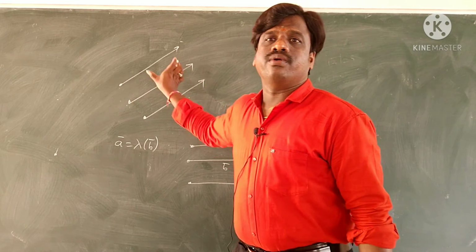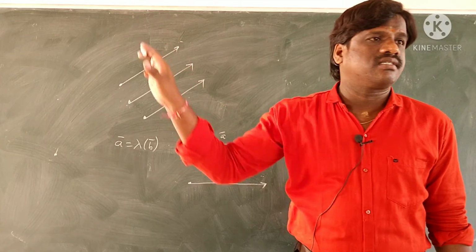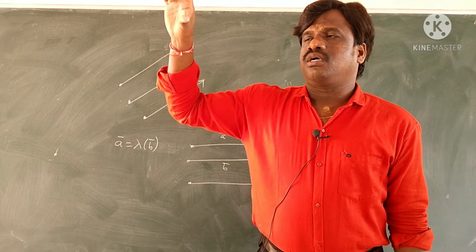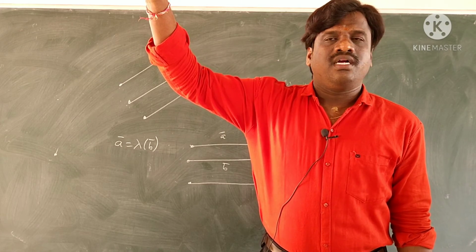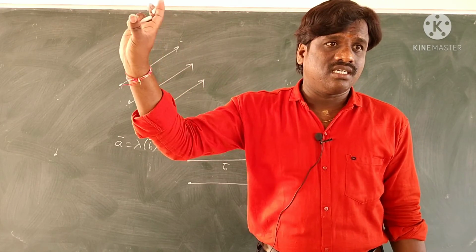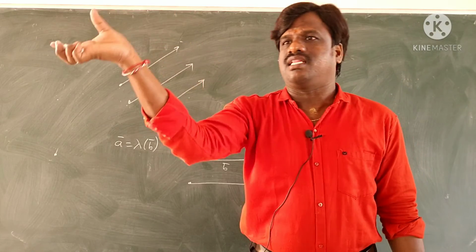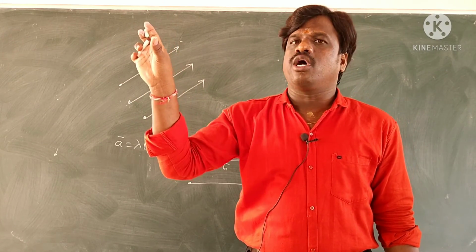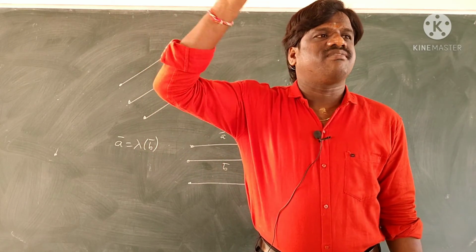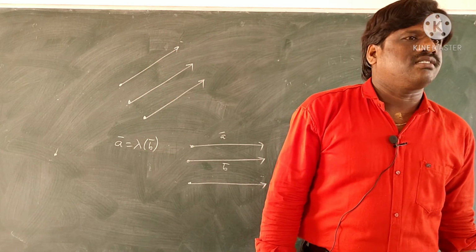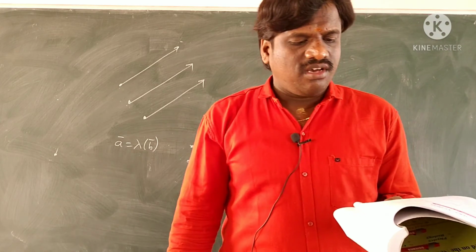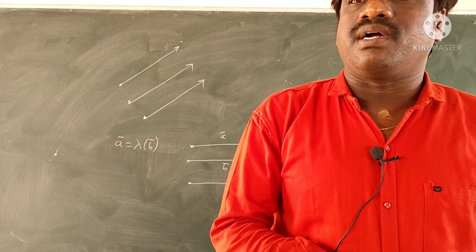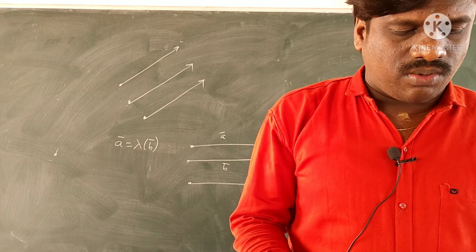Direction means you are not turning it this side or that side. Direction same, magnitude same, and you are moving it in space. Such vectors are called free vectors. Understood what I said? This is what you need to know.